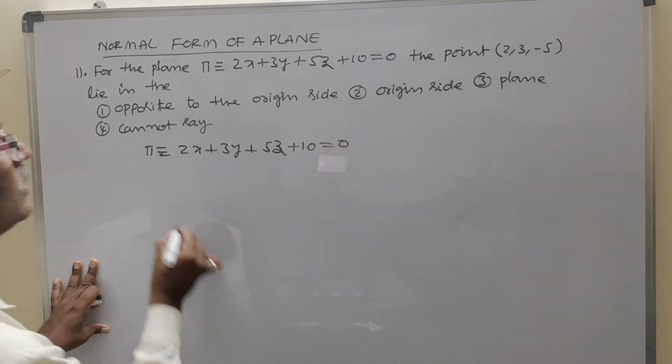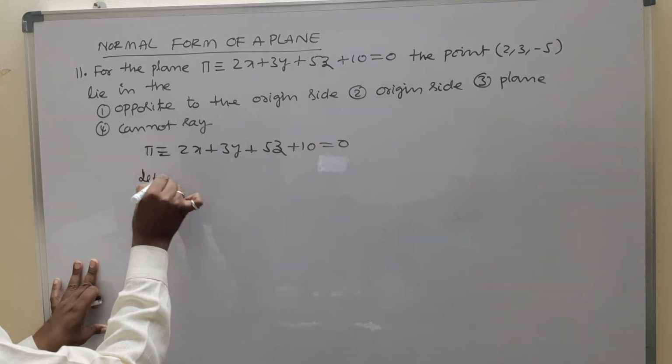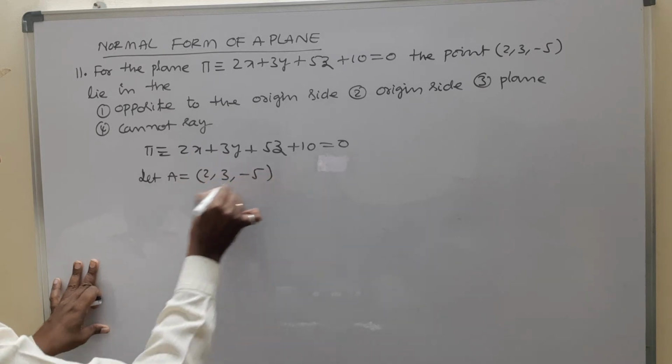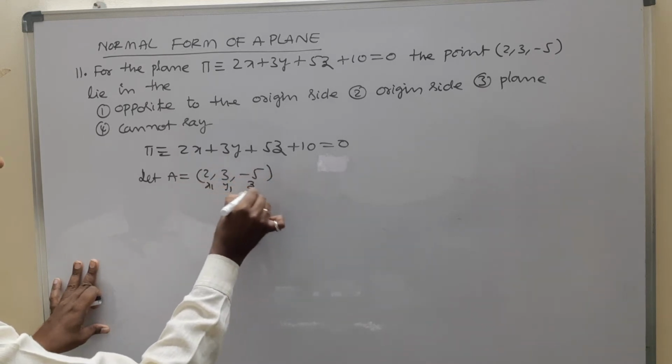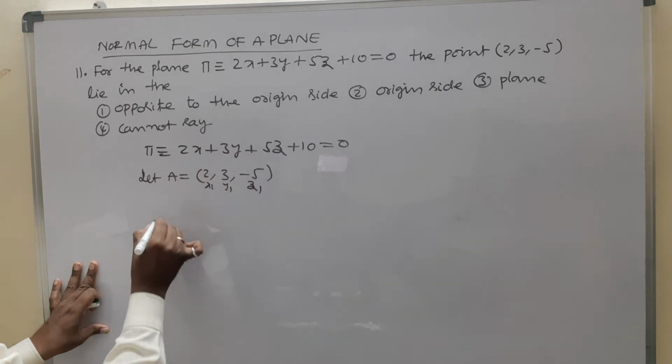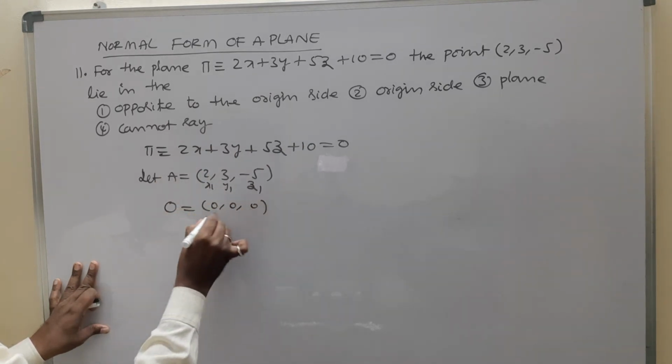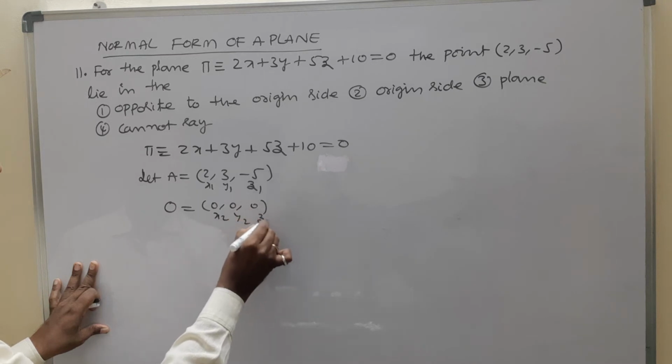This is the plane equation. Let A equal to (2, 3, minus 5). This is x1, y1, z1. Here compare with the origin. Let origin O equal to (0, 0, 0), x2, y2, z2.